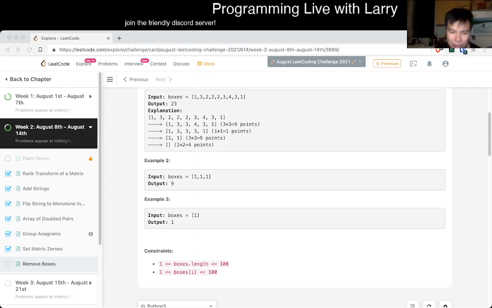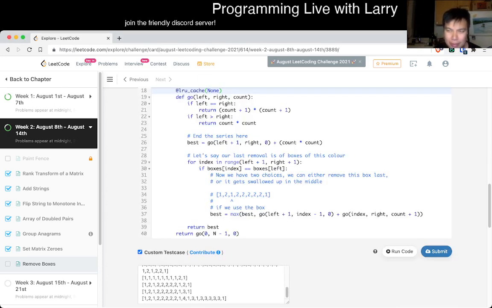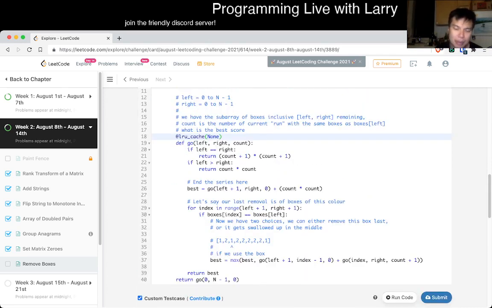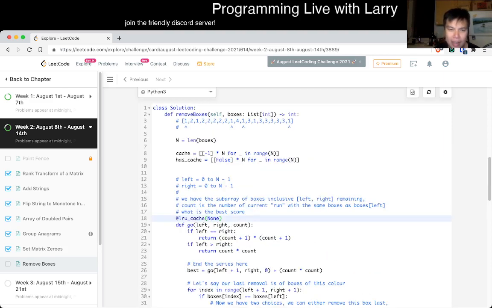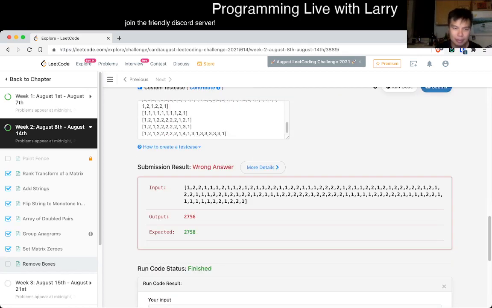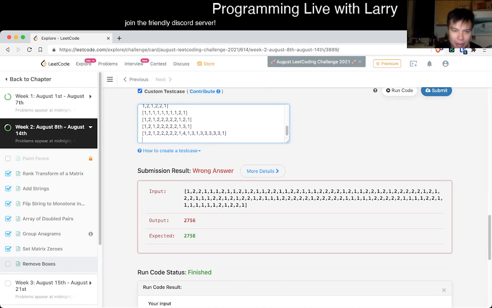I guess 100 to the 4th is fast enough, but I don't know. 100 to the 4th is 100 million, which if I'm not using Python may be fast enough. Let me just actually construct a case.